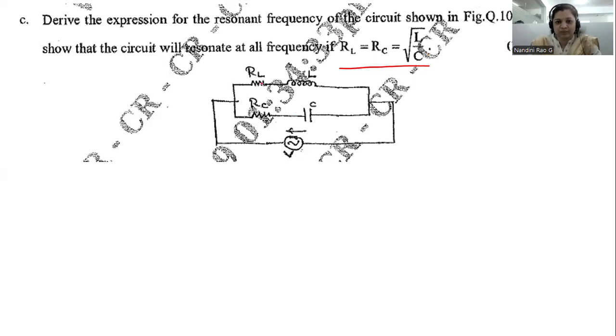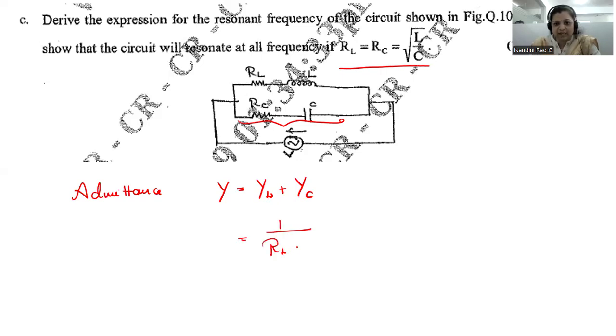Since this is a parallel circuit, instead of writing the expression for impedance, let us write the expression for overall admittance. Y is equal to, let me write this branch admittance as YL plus the second branch admittance as YC. So what is YL? YL is 1 by RL plus jXL.